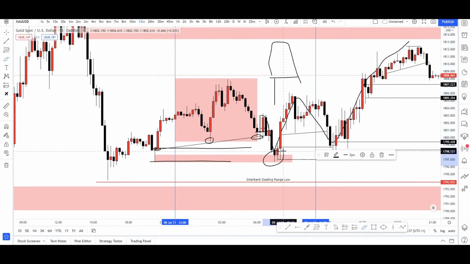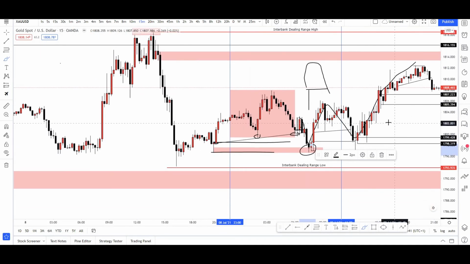As you can see, this low never gets taken out, and essentially you can use this timing and liquidity ideas to frame trades in your favor, assuming you got the bias right, which is something I will be touching on in future videos.